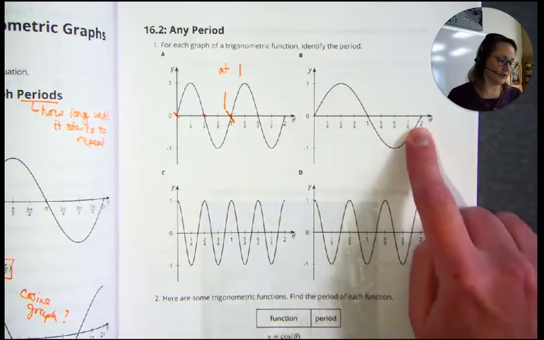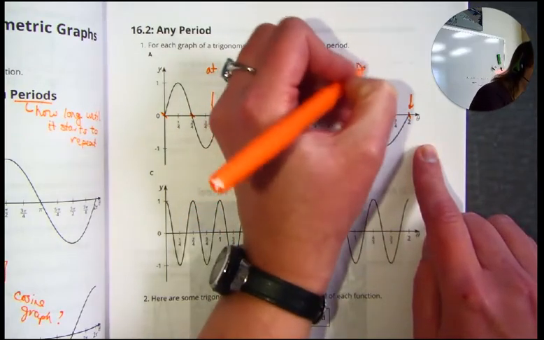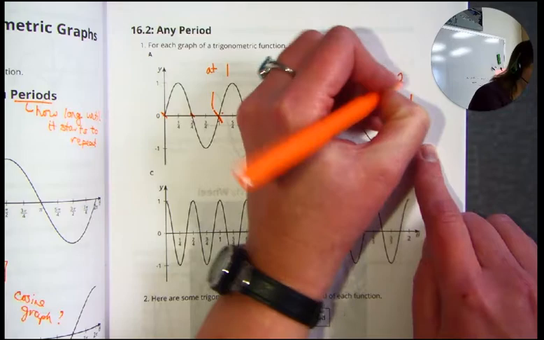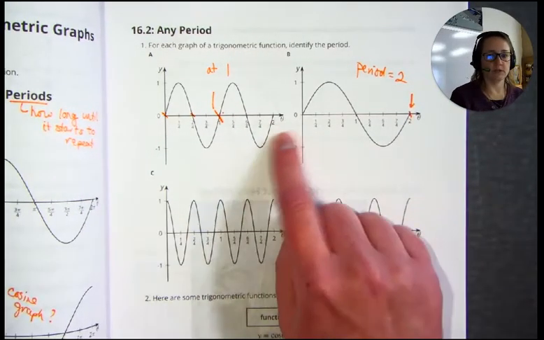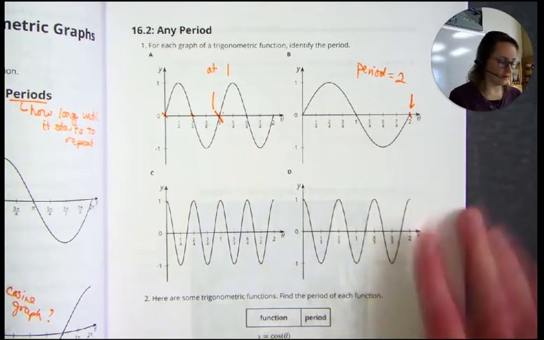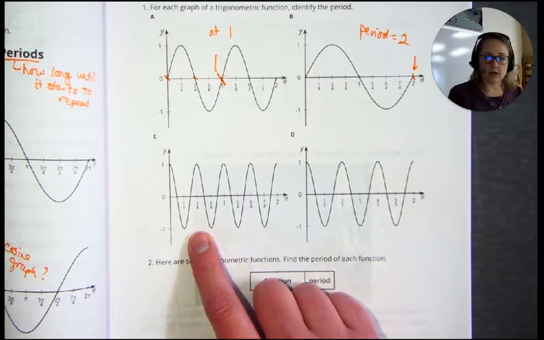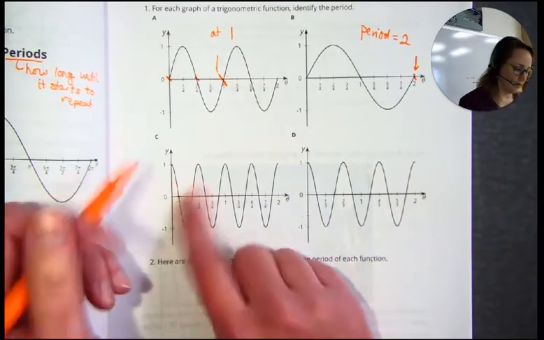Our next one, going a little faster, has a period of 2. This is where it starts to repeat. So it starts here at 0, comes back and starts the next wave of that graph right there at 2. Our next one down has, man, this thing is going through how many cycles?